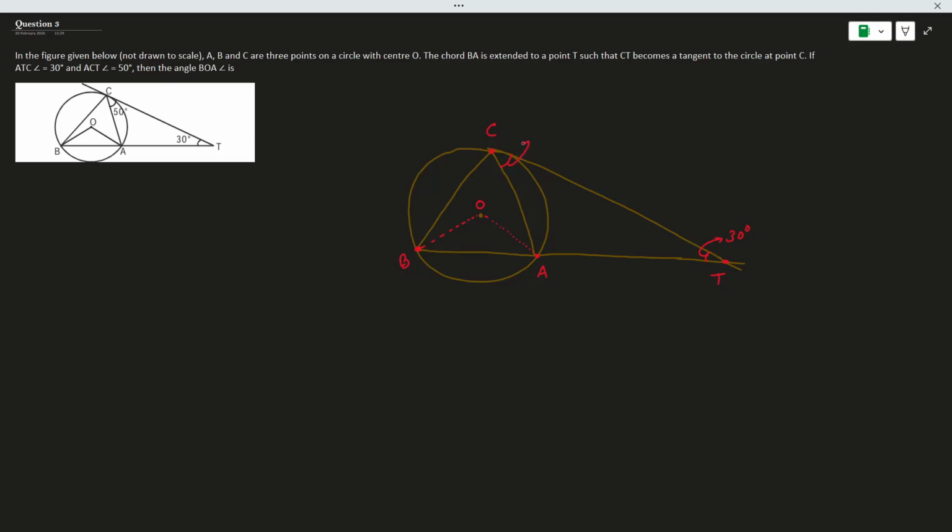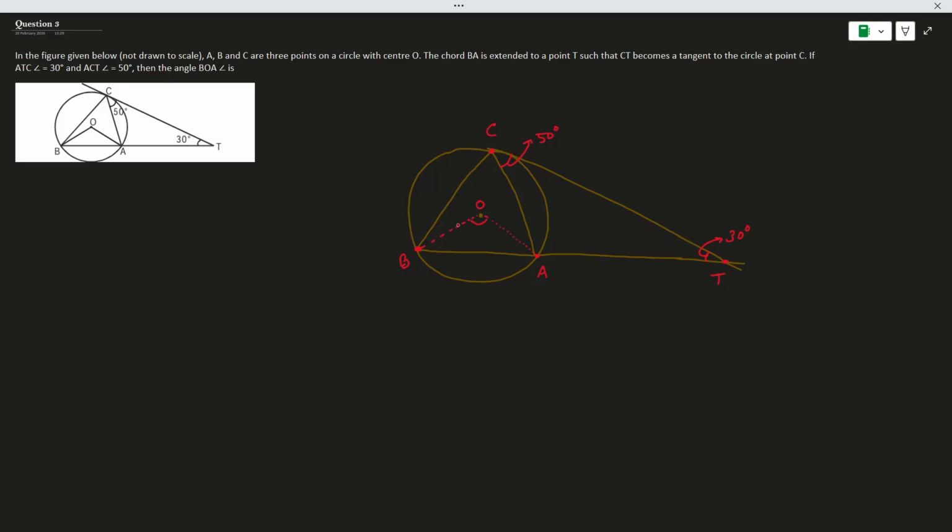This angle is 50 degree. I need to find this BOA. BOA. Okay. All right. This is 50 degree. This is 30 degree.